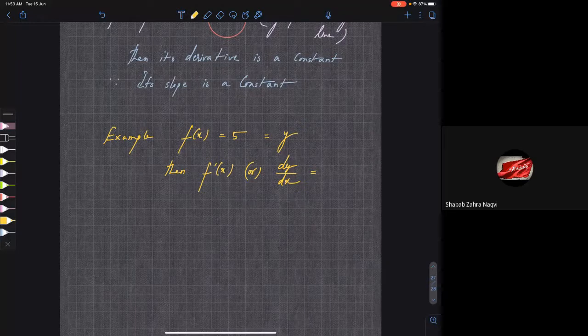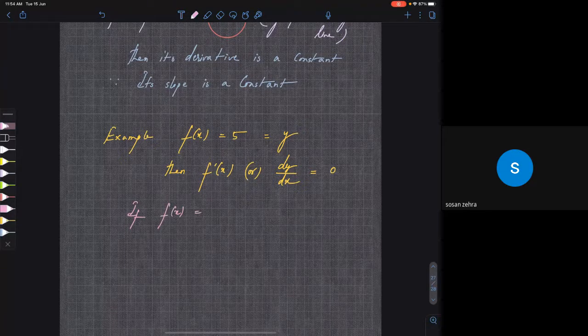Derivative is f of x plus dx, okay, that is the formula. But what is the derivative? It's the slope. What is the slope of y equals 5? The slope is 0.